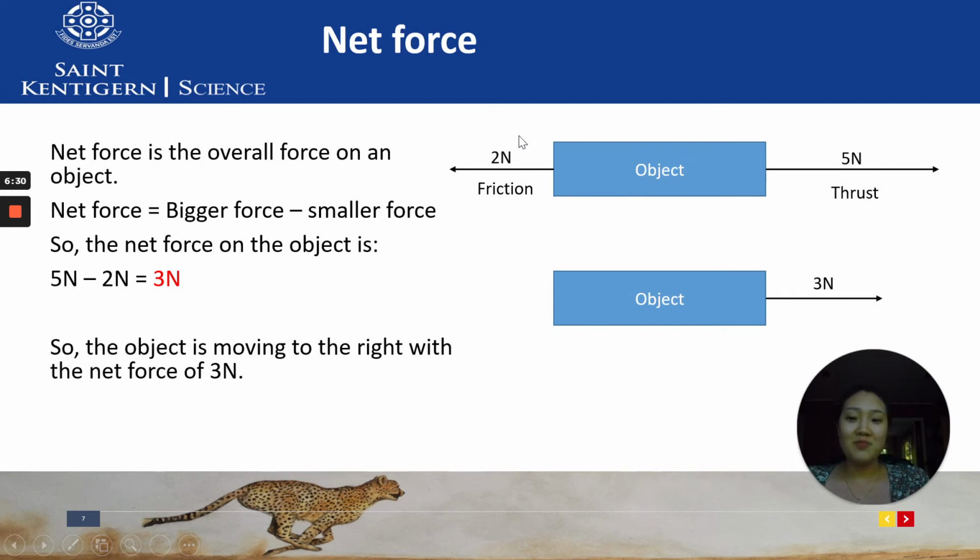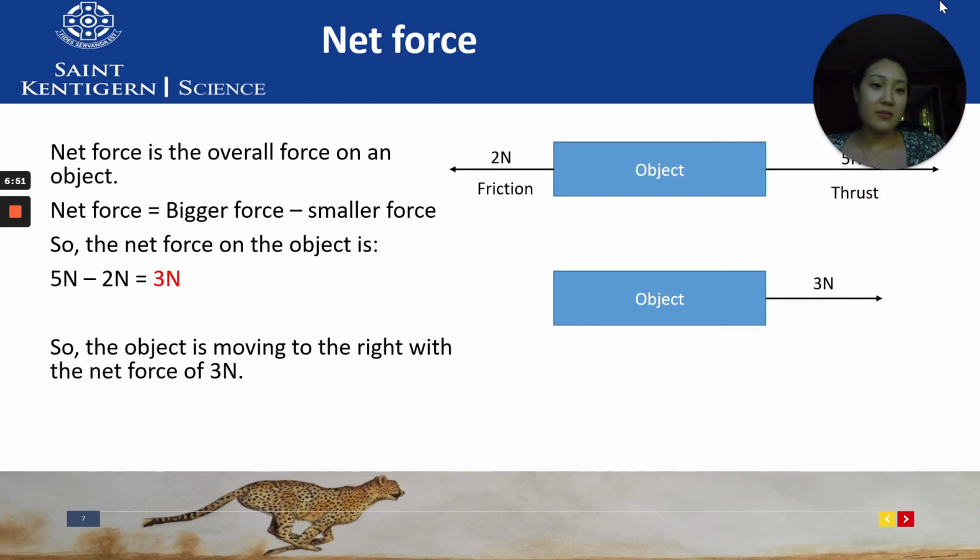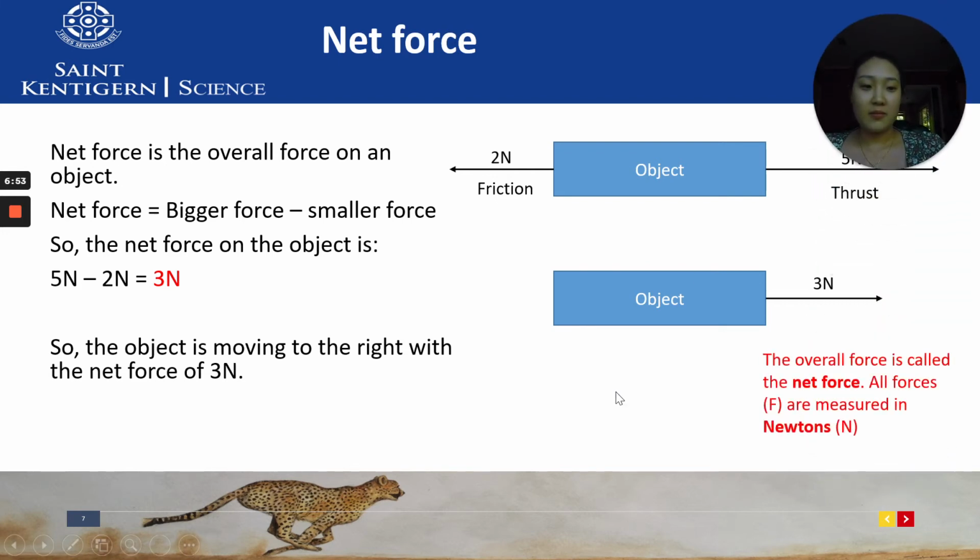If you subtract 5 minus 2, the net force is 3 newtons. So we can say that the object is moving to the right with a net force of 3. This is how you would draw the net force. Always remember, all forces are measured in newtons.